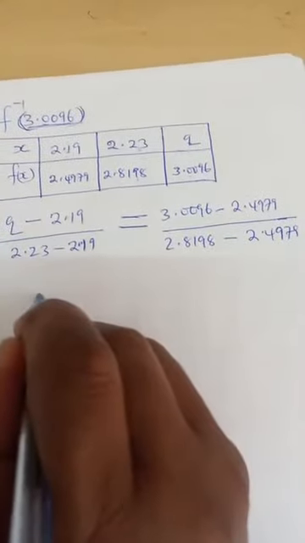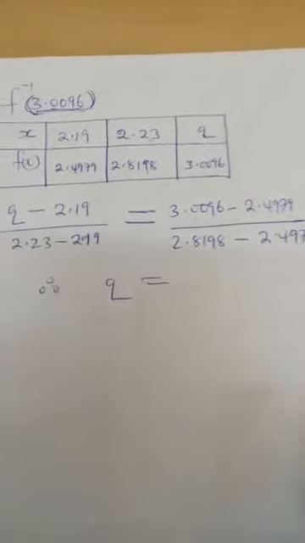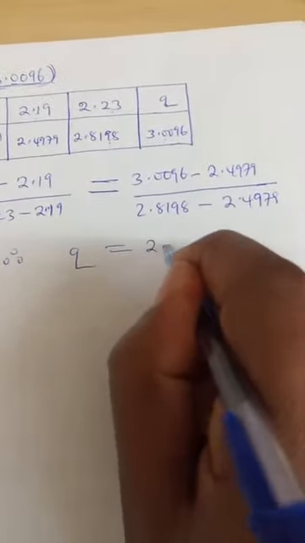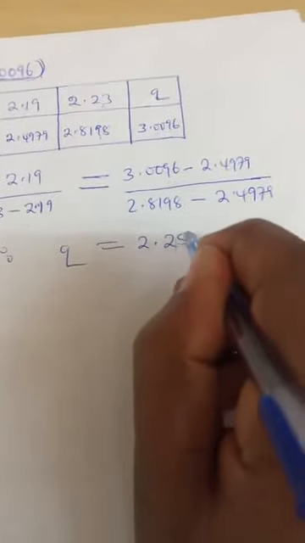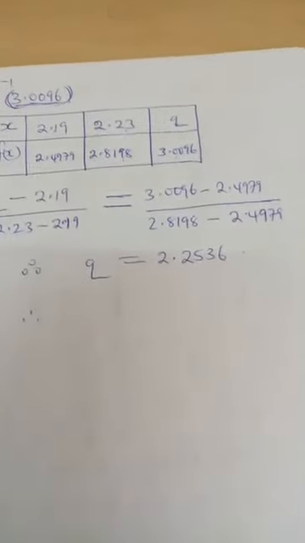If you compute this and look for the value of Q, by now using your calculator, your Q value should be able to give you 2.2536, but remember that answers here are recorded to 3 significant figures.